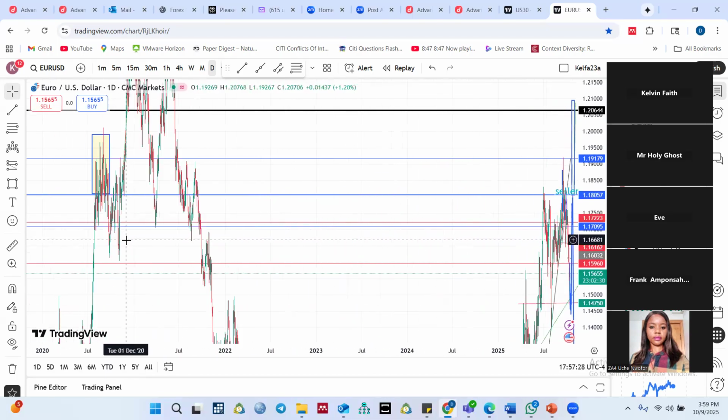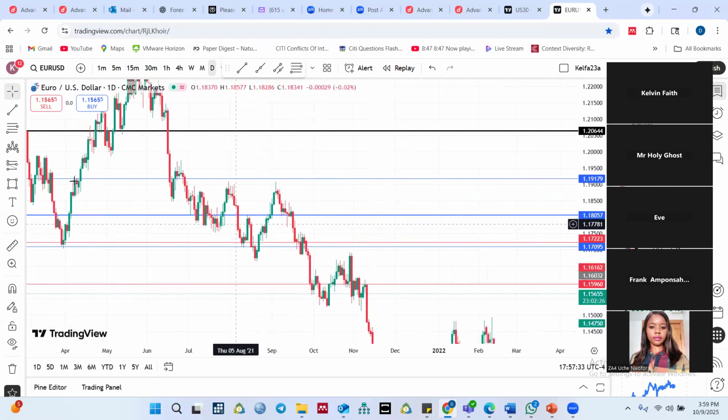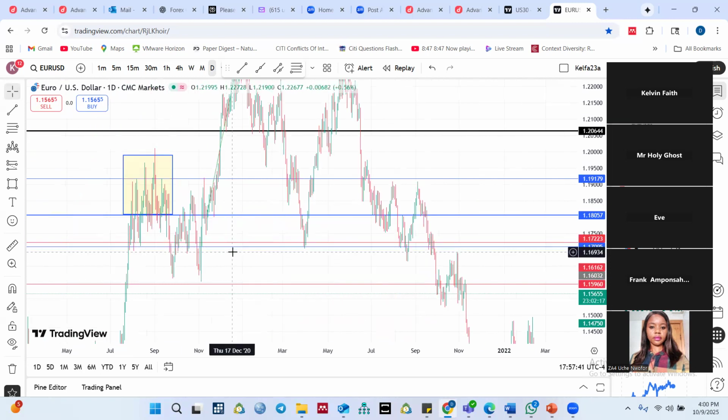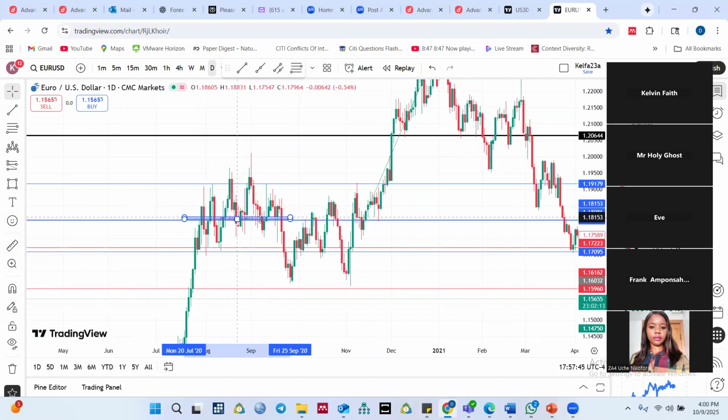You can observe here. Sellers are here pushing price down, down, down. You see, sellers are here and their job is to be pushing price down to the downside on the blue line.